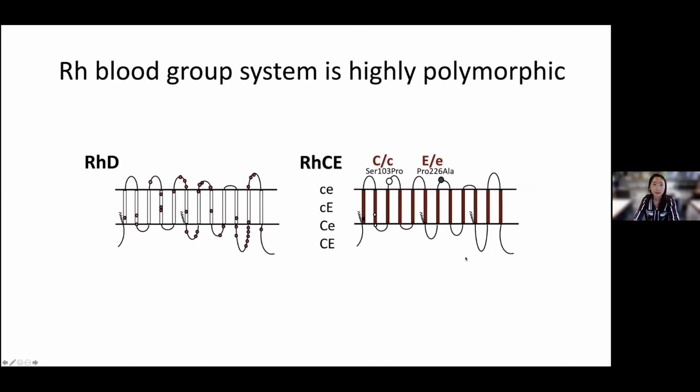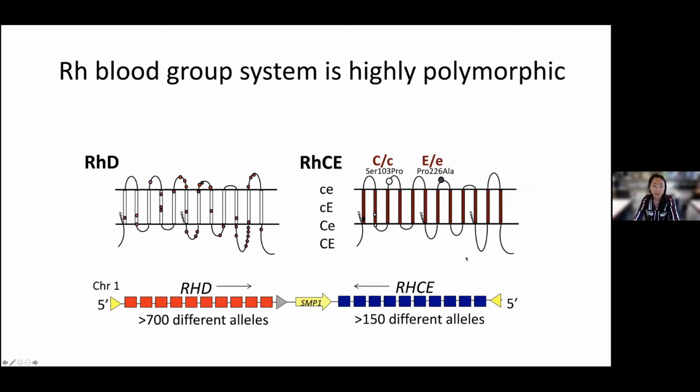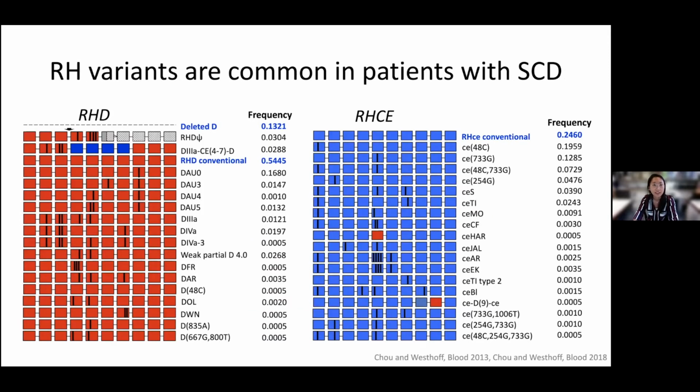But there is actually a lot more variation in the Rh system, and about 700 different RHD variants and 150 different RHCE variants have been reported. And these variants are much more common in patients with sickle cell disease. The 2013 paper and the 2018 paper by Stella and Connie also found that 1/3 of the RHD alleles and 3/4 of the RHCE alleles had been altered in patients with sickle cell disease.